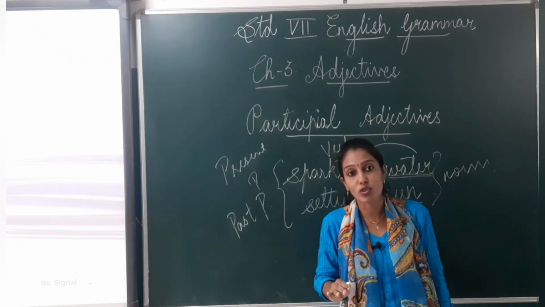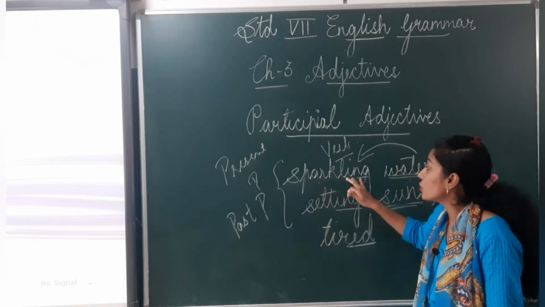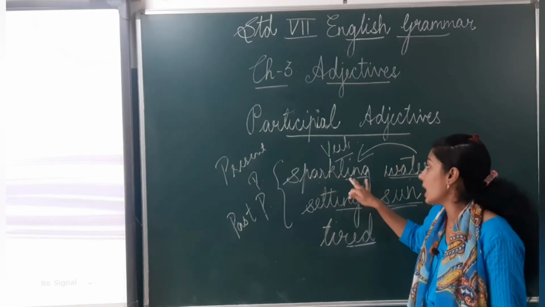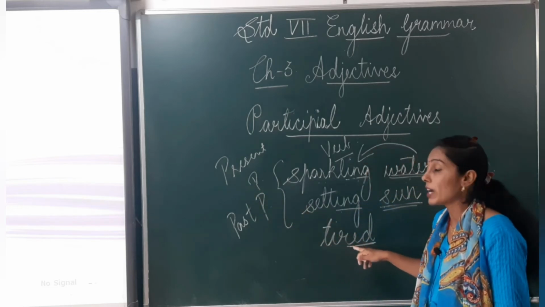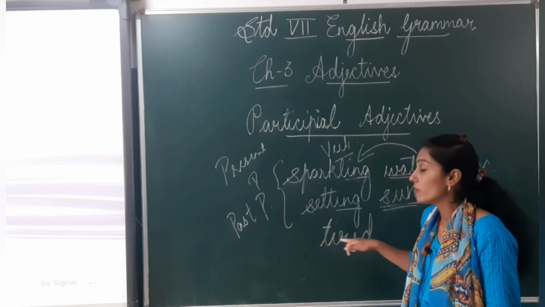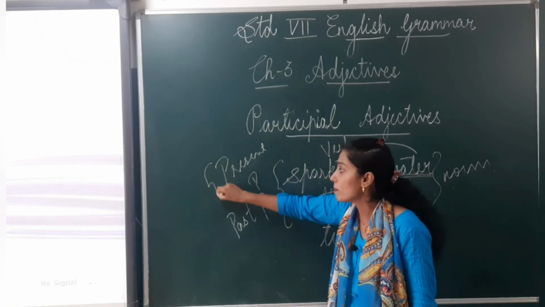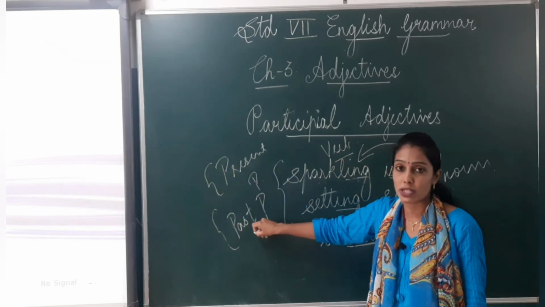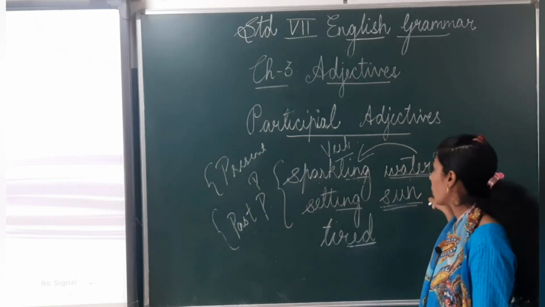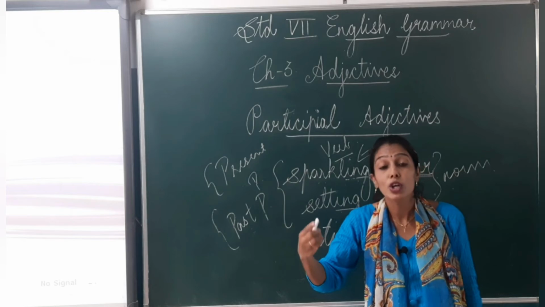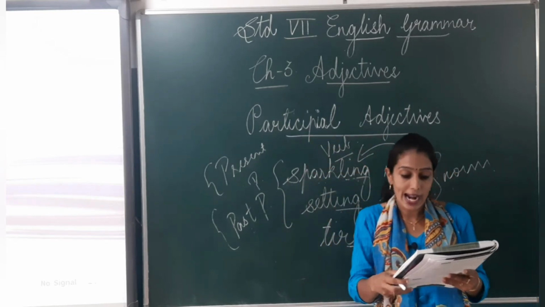Is that clear, children? So participial adjective means: the verb that is used in the ing form is present participle. The verb that is used with ed, verb ke sath ed lagata hai, that is past participle. So the present participle and the past participle, these two we use with a noun, to describe the noun, to qualify the noun, is said to be participial adjective.